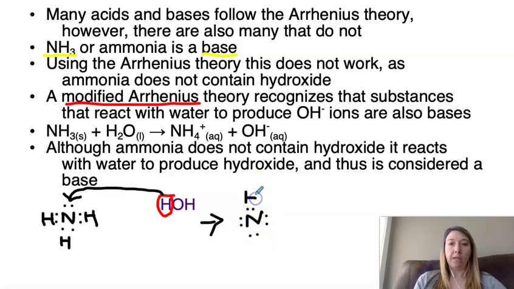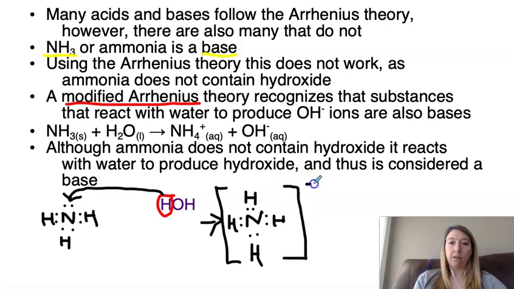So if we put that in, we get this, another hydrogen here, and then the last one over on that other side where this has a charge. Remember when we're drawing charged things, we use square brackets and we put that plus up here. And then our other product that we're left with is that hydroxide ion, which now has a negative charge because it lost a positively charged proton.